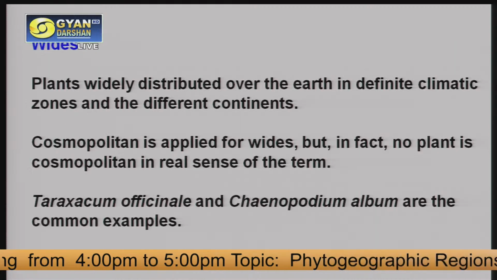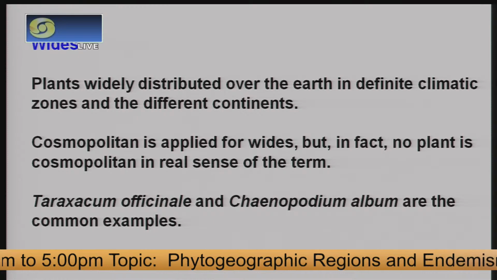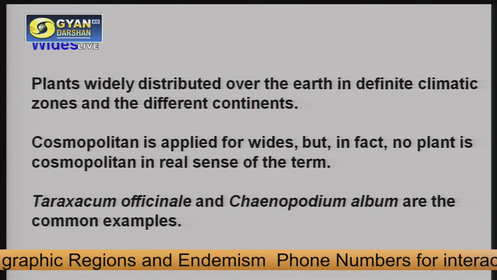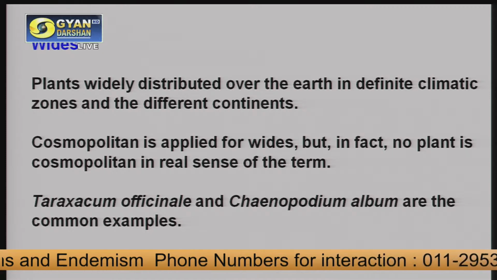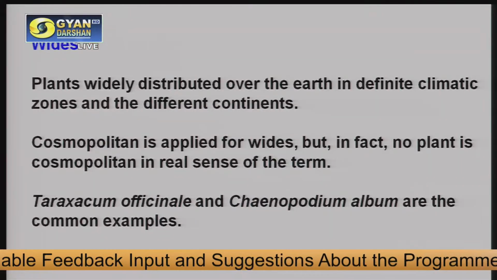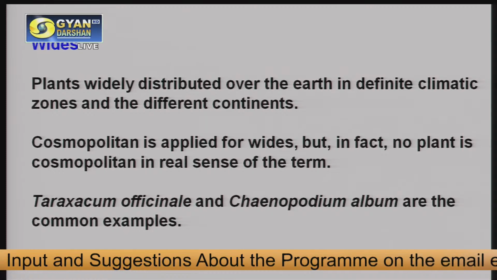From the very term it is very clear that these kinds of plant species are very much widely distributed, and we often say that they are cosmopolitan in distribution, but actually in case of plant systems the plants do not, in the true sense, exhibit this cosmopolitan character. But even then, based on the fact that these plants are widely distributed, we call them wides. Like Chenopodium, then Taraxacum officinale, Chenopodium album. So these are some of the examples of wides.